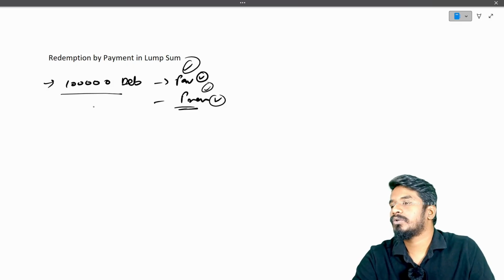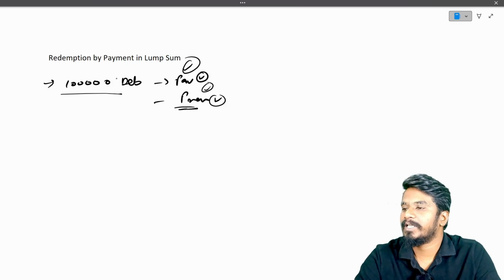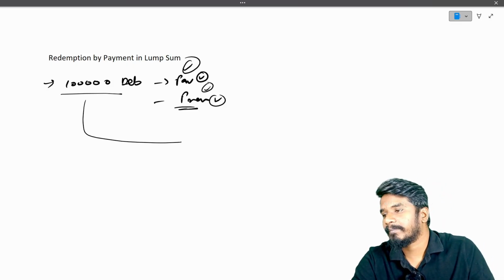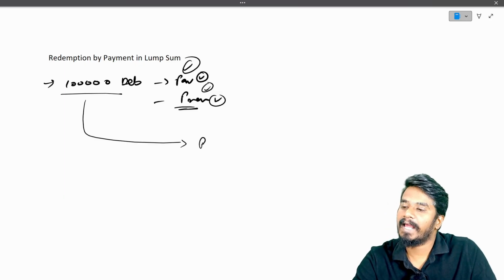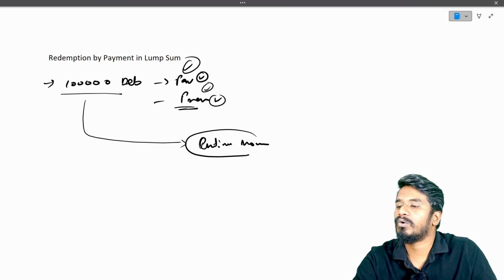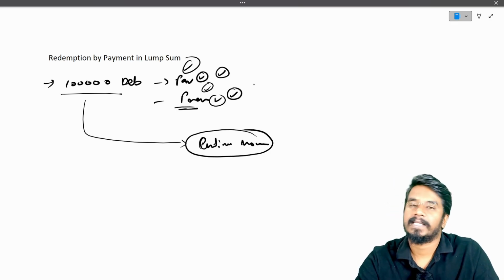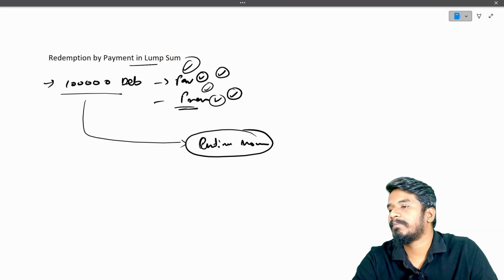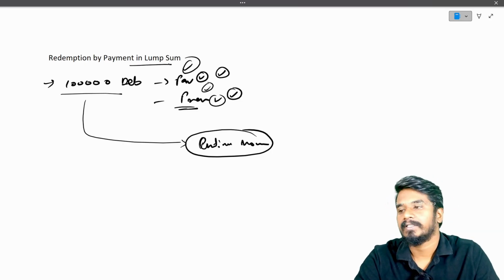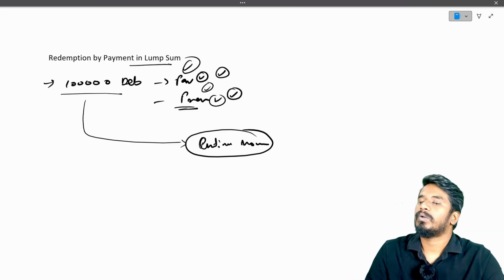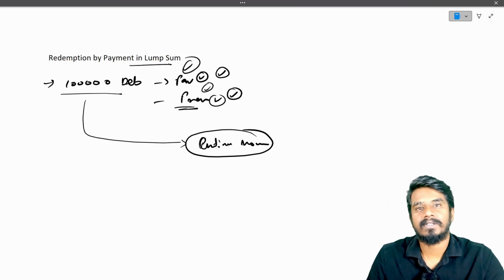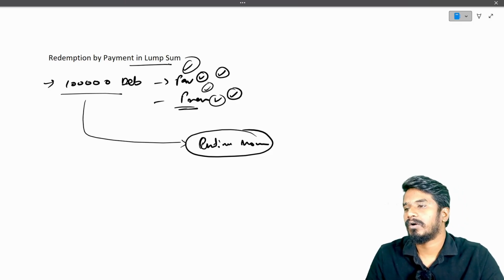If the company pays the entire money to debenture holders, at par or at premium, that is called the lump sum method. One shot, they will pay. So let us see the journal entries for this.